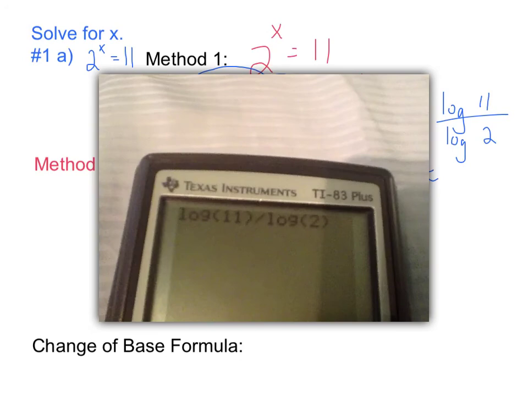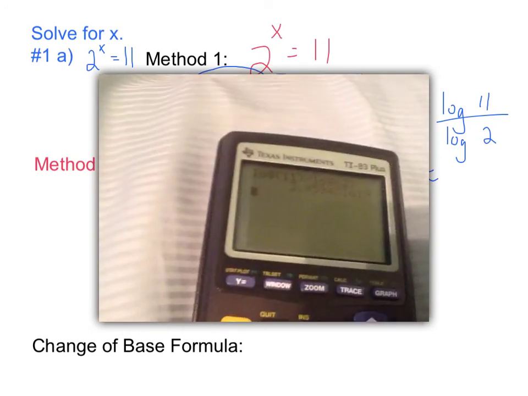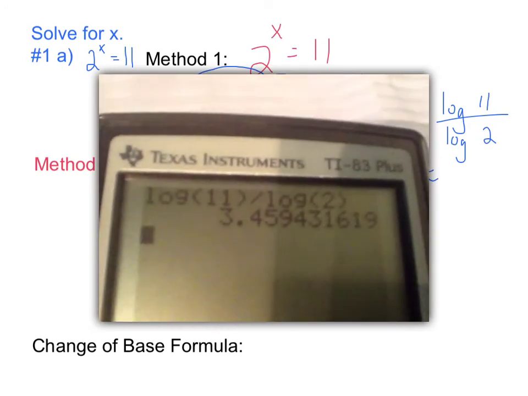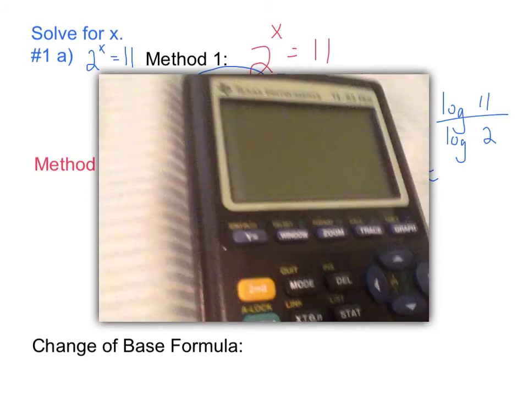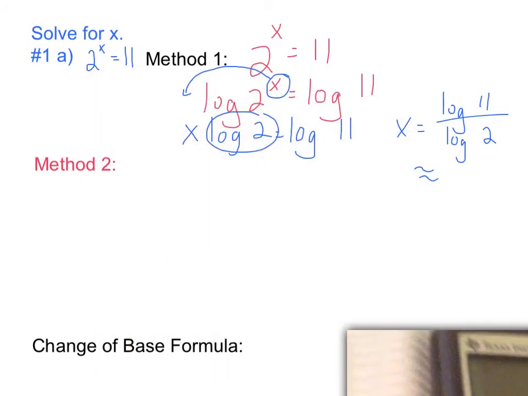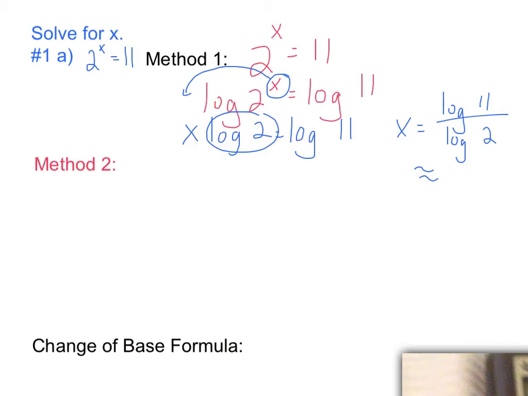That's what it looks like right there. And just hit enter. And boom, that's our answer, about 3.46. And that makes sense because we said that we thought the answer would be somewhere between 3 and 4. Let's write that out. X is about 3.46. That means 2 to the 3.46 power is about 11.